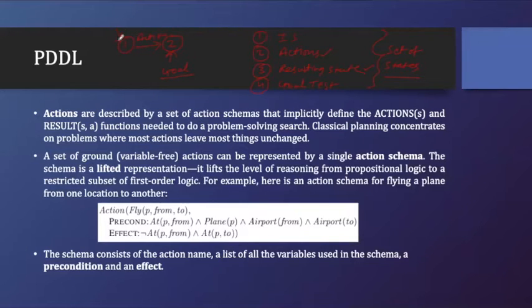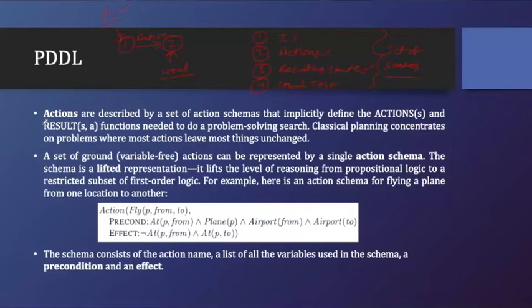So every state will be defined with the help of propositional logic, and when we have propositional logic without any variable, that is called a grounded atom, or ground atom. So a set of ground atoms.